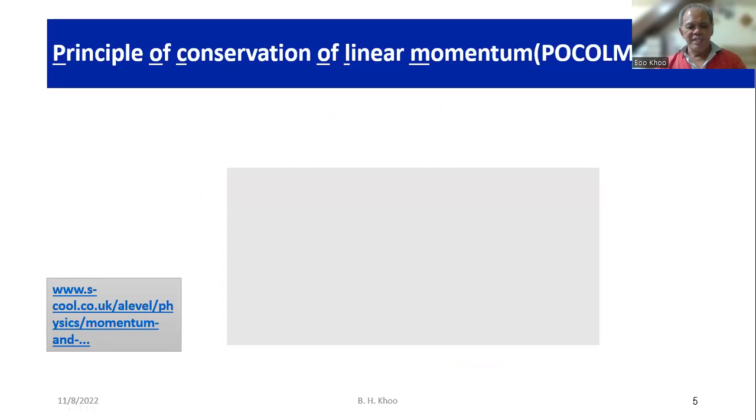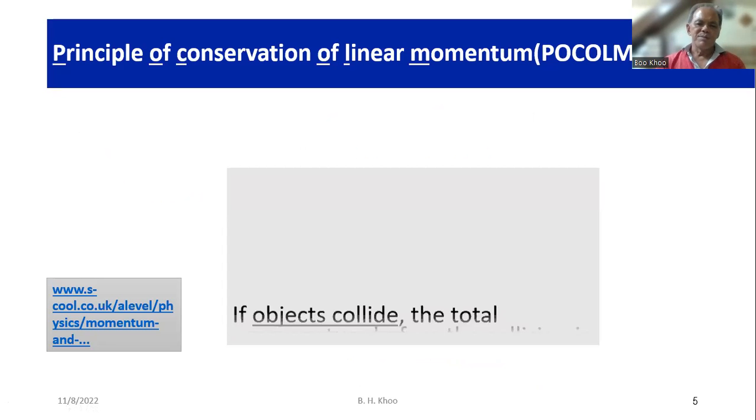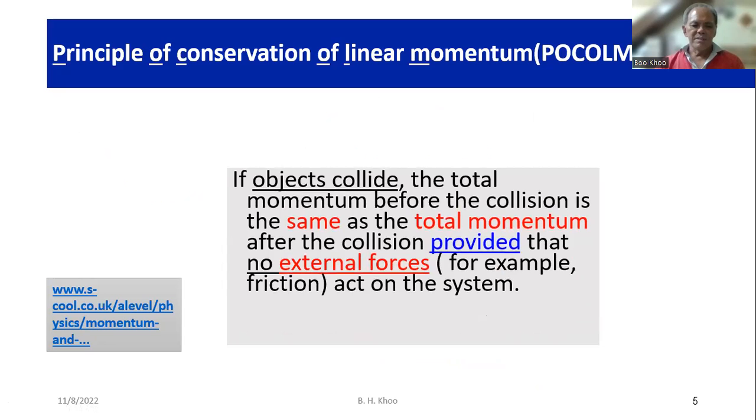State means you have to memorize it. Principle of linear momentum: if objects collide, the total momentum before collision is the same as the total momentum after collision, provided no external force, for example friction, acts on the system.